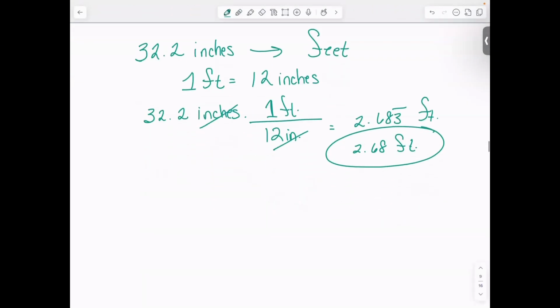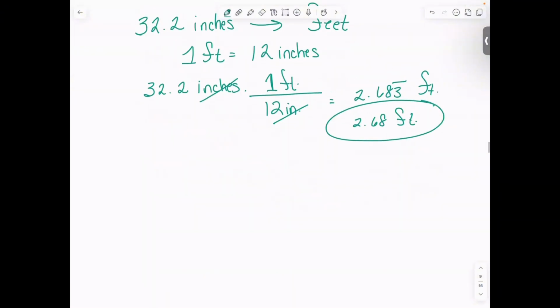All right, let's do a couple more conversions as examples, and then we'll go back and look at metric conversions, and we'll be done with this particular section.